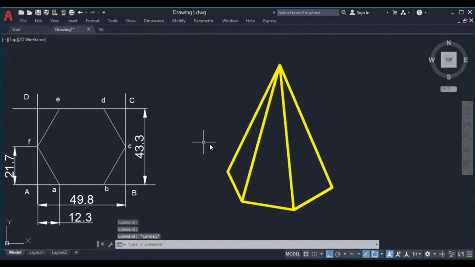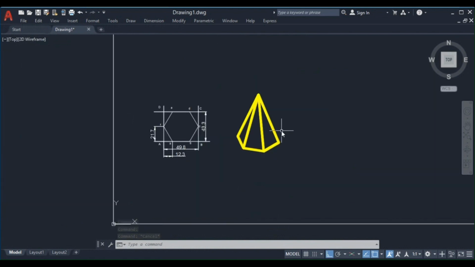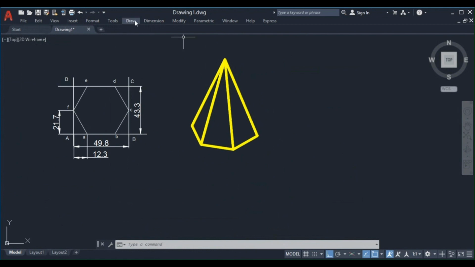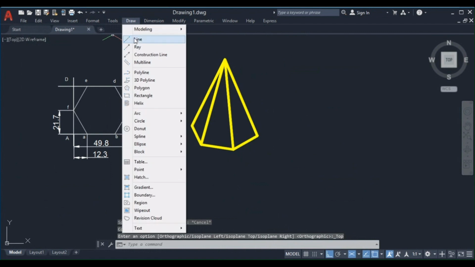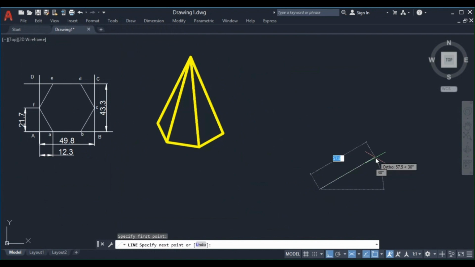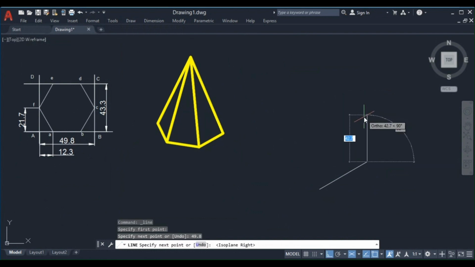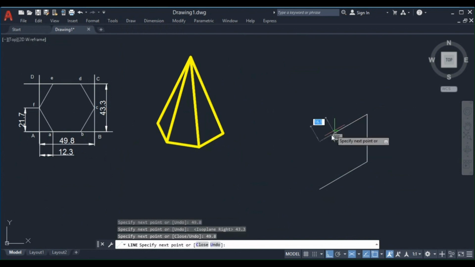This is the axis vertical, or axis perpendicular to HP. Now axis perpendicular to VP. Now 49.8, 43.3, again 49.8, 43.3, right.